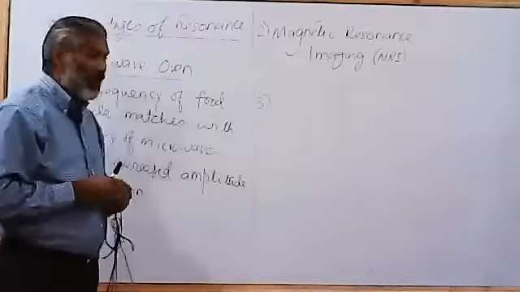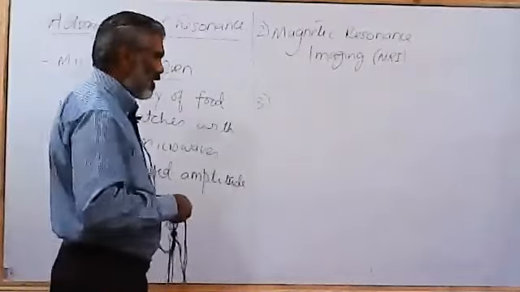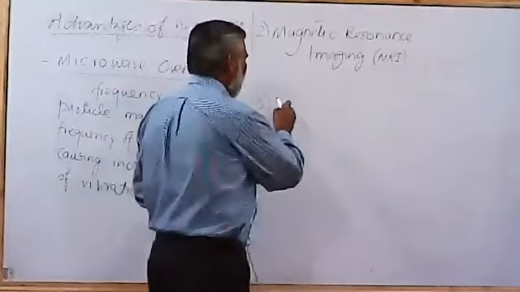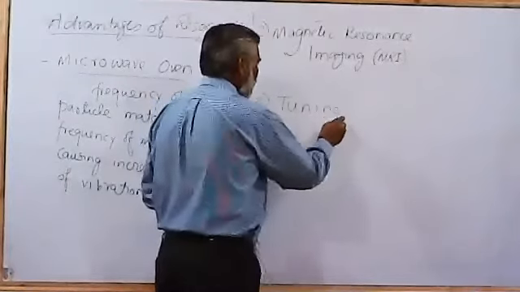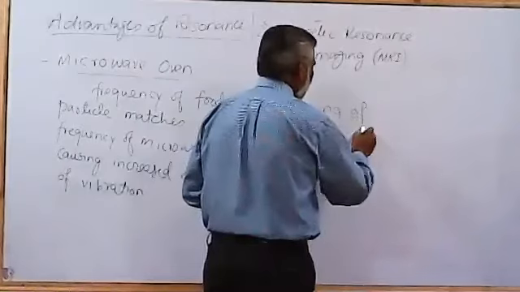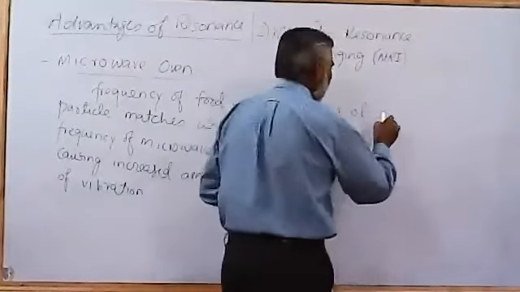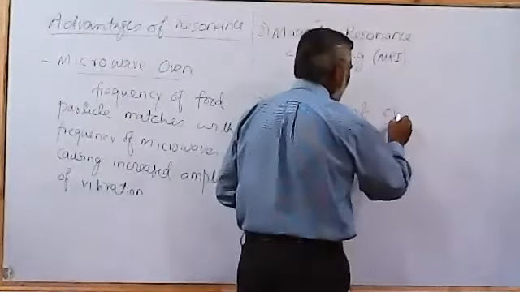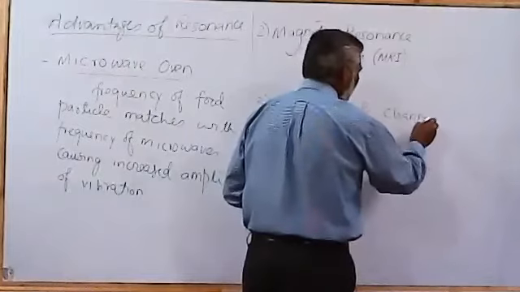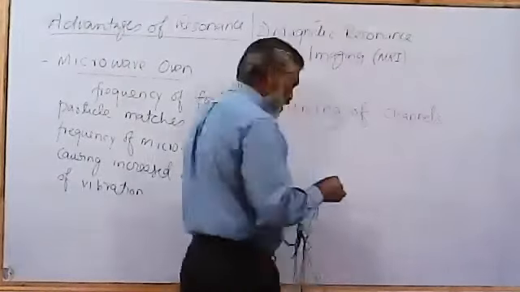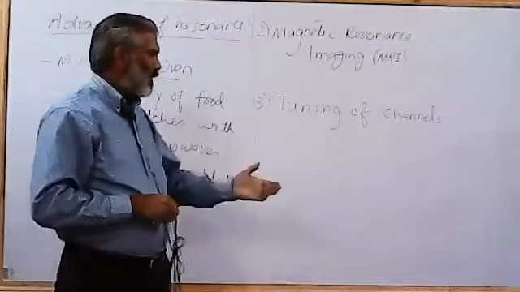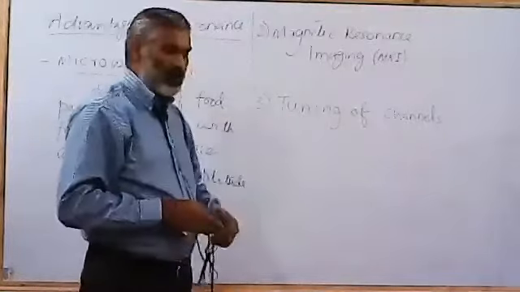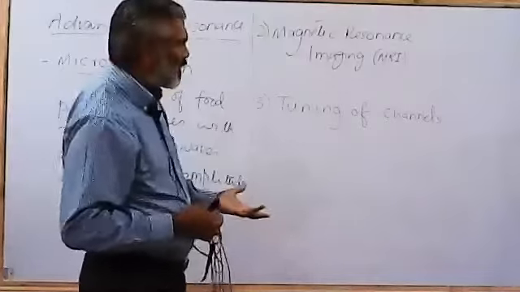Number 3, another effect that is the result of resonance is the tuning of circuits, tuning of channels. Let's say you want to tune a certain channel in your TV, and sometimes it's automatic tuning.